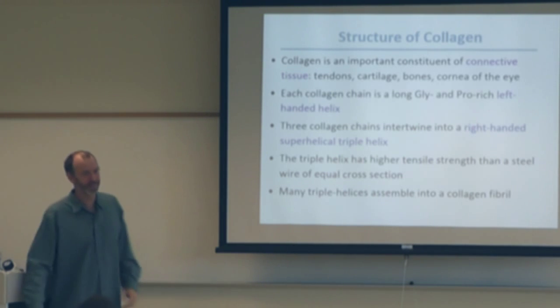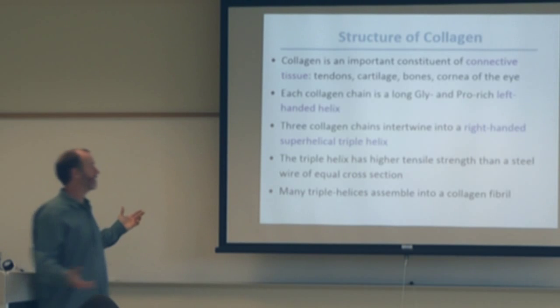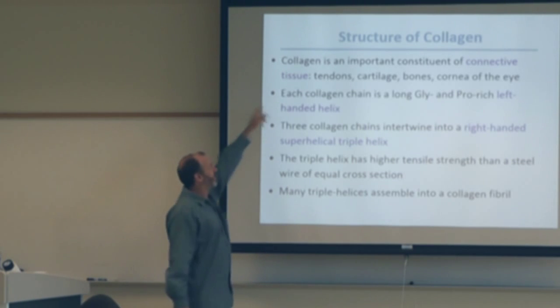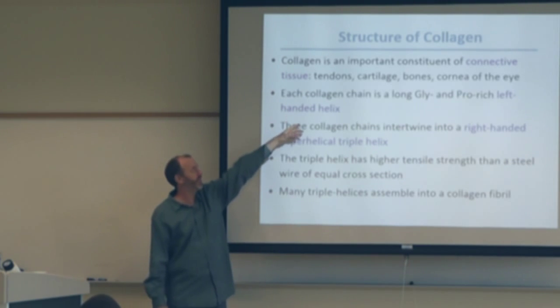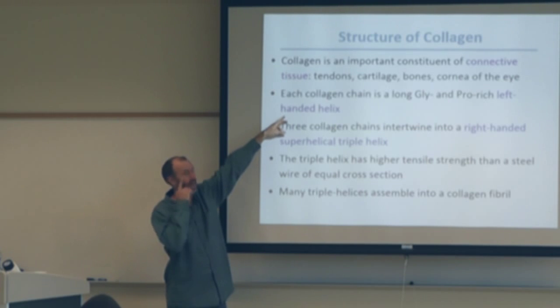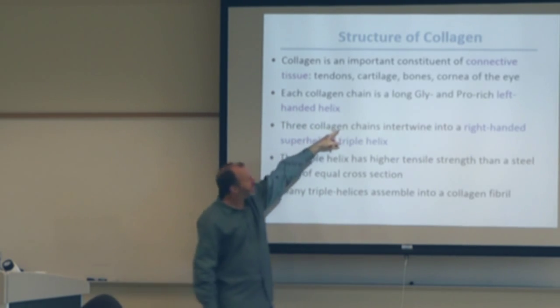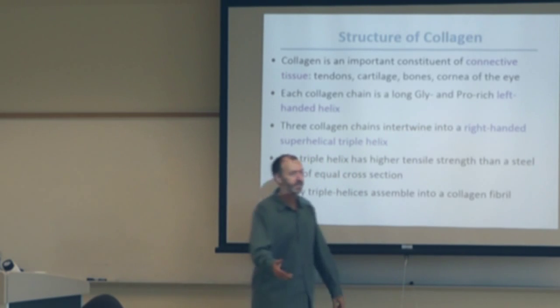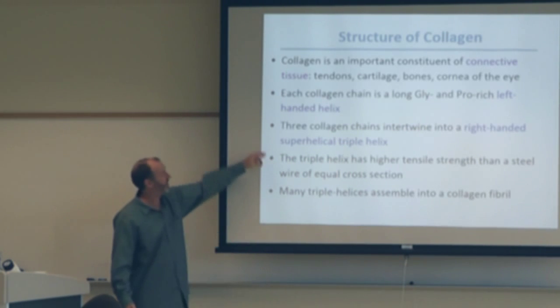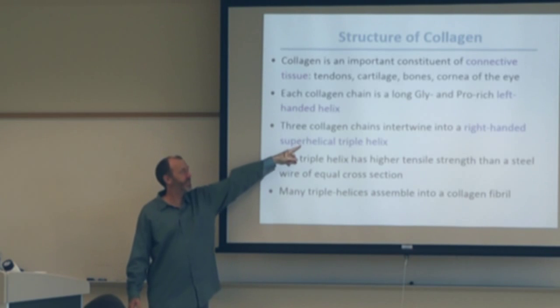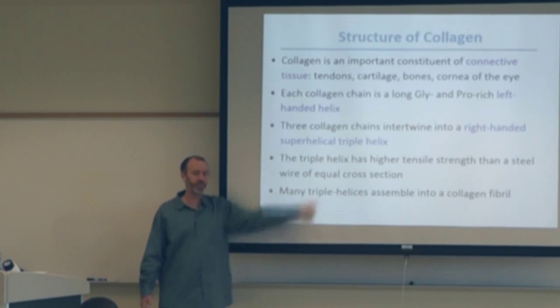And this is the structure of collagen. So collagen is important in connective tissue, tendons, cartilage, bones, cornea of the eye. Each collagen chain is long, glycine and proline rich, a left-handed helix. 3 collagen chains intertwine into a right-handed superhelical triple helix.